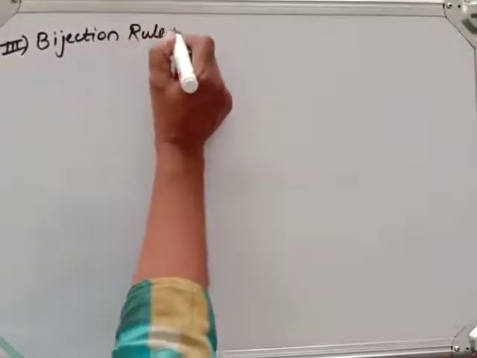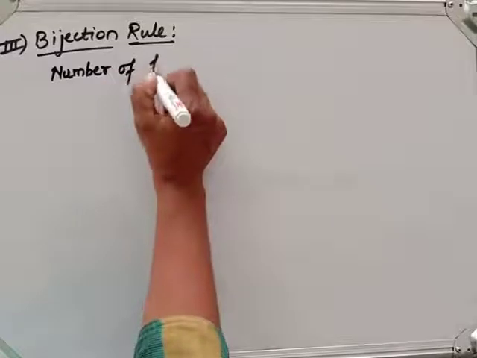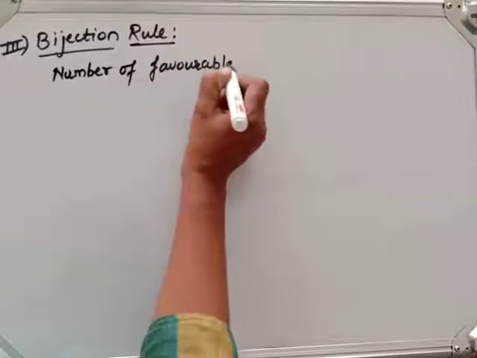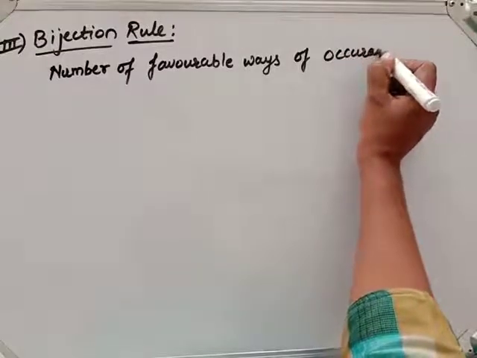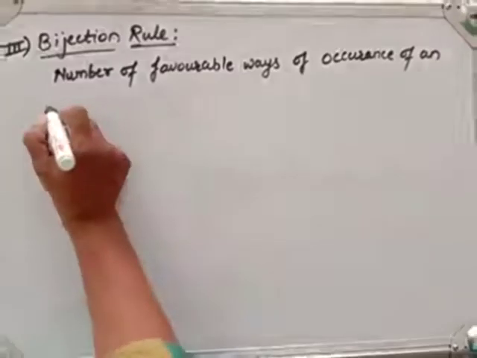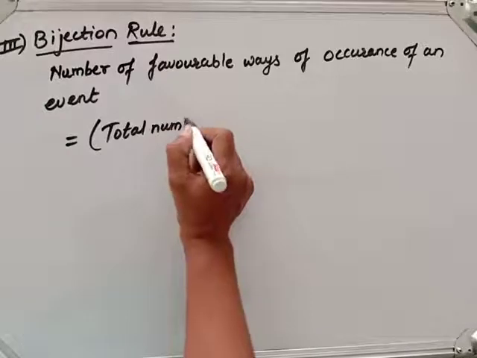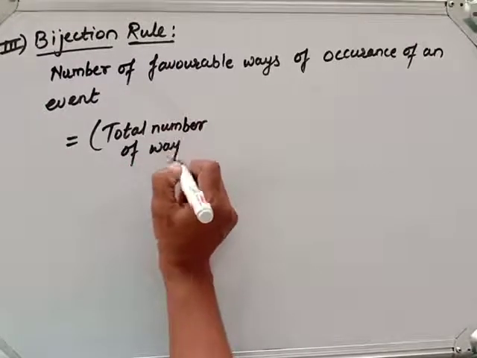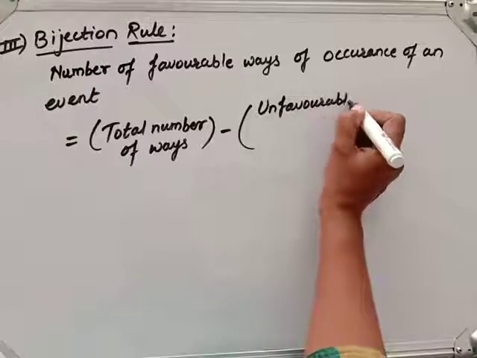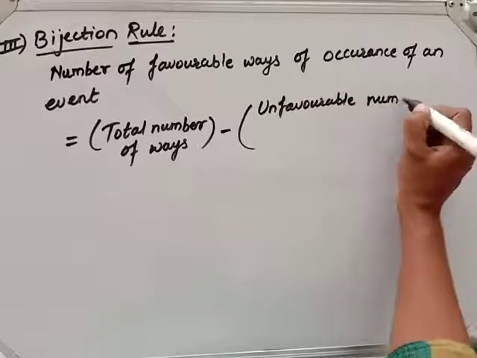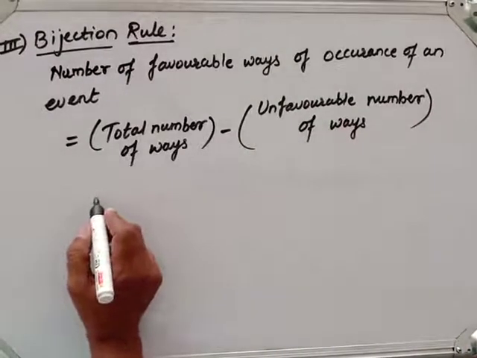What does this say? The number of favorable ways of occurrence of an event is equal to the total number of ways minus the unfavorable number of ways. Total number of ways minus unfavorable number of ways. This is the bijection rule.